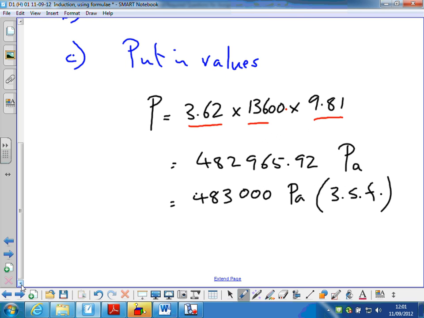And then when we've done that, we might put it into standard form. We tend to not use standard form, but engineering notation, which goes in 3s. So 483 times 10 to the 3 pascals. That's in engineering notation, to 3 significant figures.